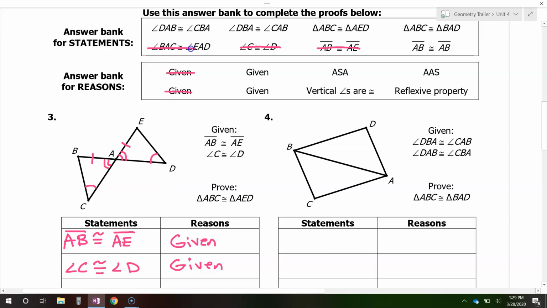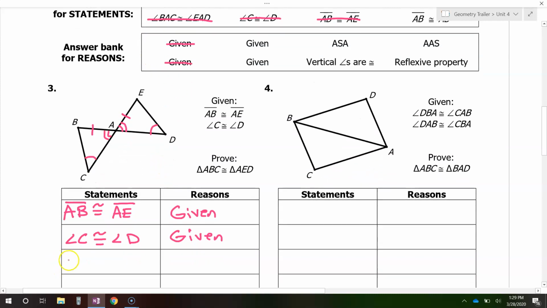So angle BAC is congruent to angle EAD. And we knew that because these are vertical angles. So we will just say vertical angles are congruent, or you could say vertical angles theorem.